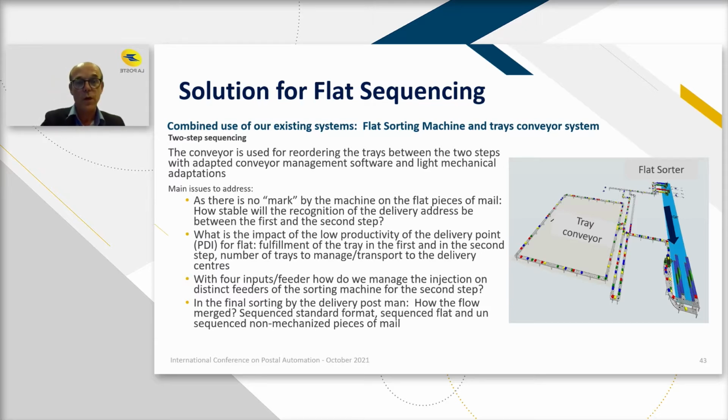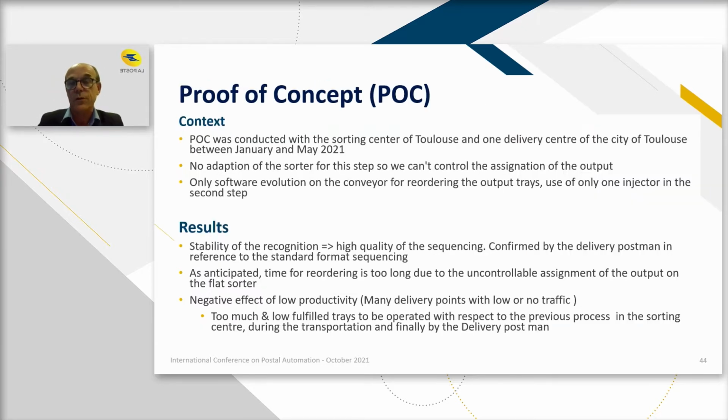To address these issues, we have worked in 2 steps. The first step was a step with low investment, a kind of proof of concept, and it was conducted in the sorting center of Toulouse at the beginning of the year.